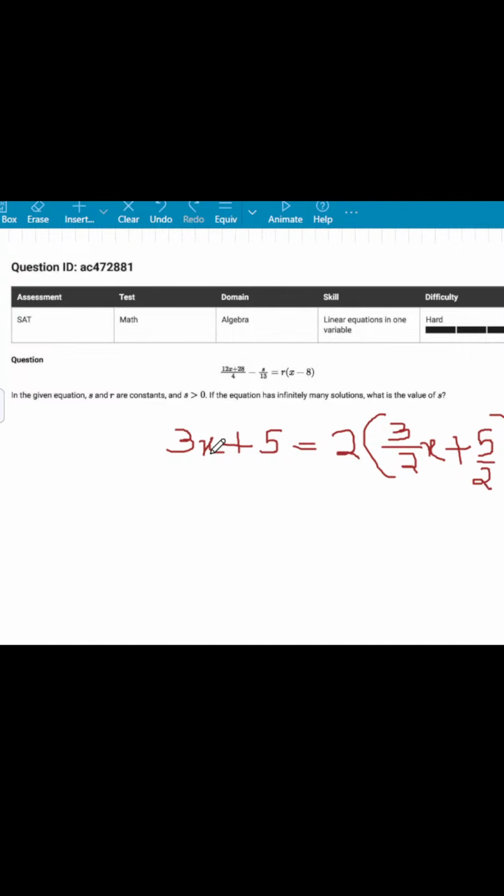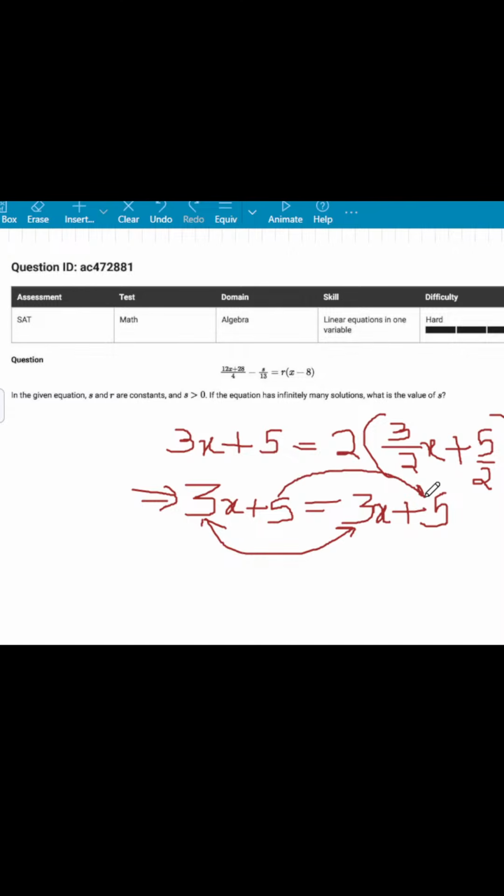This equation has infinitely many solutions, because it can be reduced to 3x plus 5 on this side, and 3x plus 5 on the other side. These x terms have the same coefficient, so they cancel out, and the remaining constant is equal on both LHS and RHS. So any value of x will satisfy the equation.